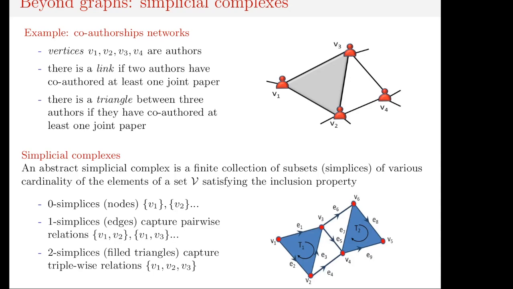The inclusion property means that if I have a triangle, I also have all the simplices of lower order in the complex. Then we have edges and we have vertices. For all couples of vertices, there is an inclusion.